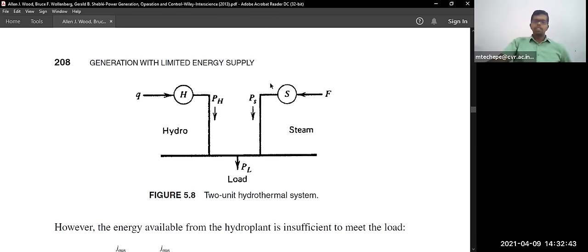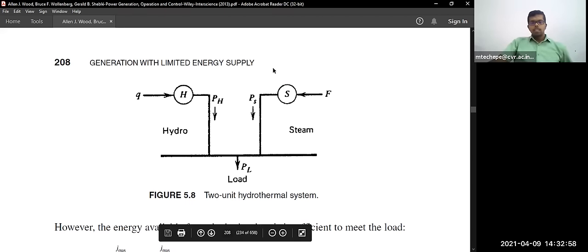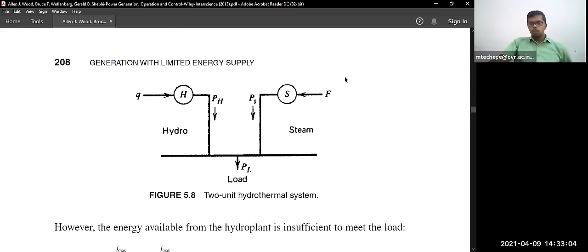And you can add wind here also, solar PV also, then some gas turbine units also, like many things you are adding here. Then the complexity of the problem will get very, very high. It is not a very easy problem to solve if you add many units like hydro, steam, then wind, then solar PV.